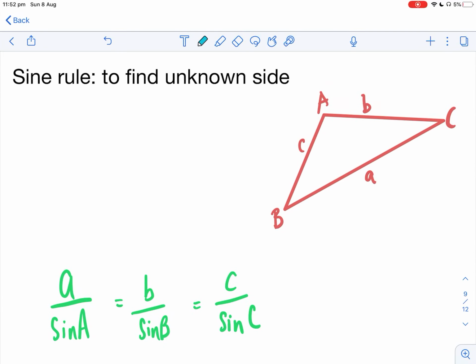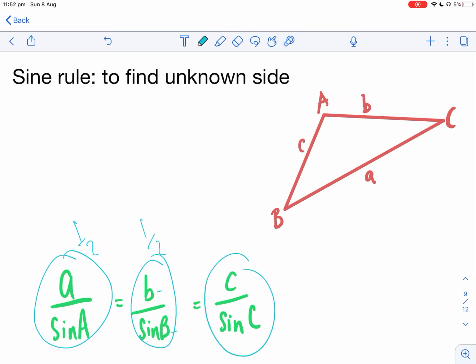Then you can use the sine rule to find unknown sides, and this is again just using ratios. So say this ratio came out to be 1/2, the ratio of this side length to this angle would also be 1/2, and the ratio of this side length to this angle would also be 1/2.